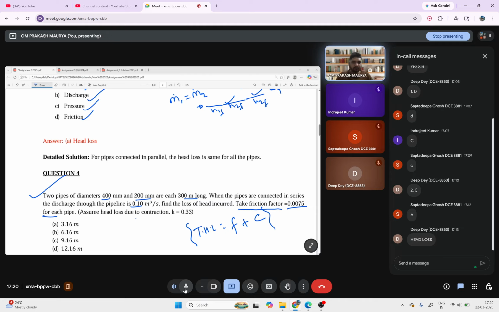Just please try to calculate. Here the diameters of the pipes are different, but length is same, discharge is same, and also the friction factor is same.